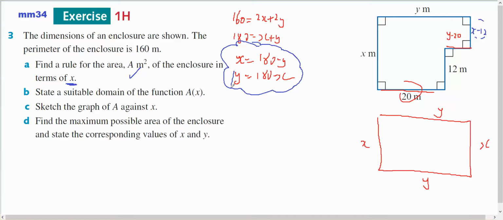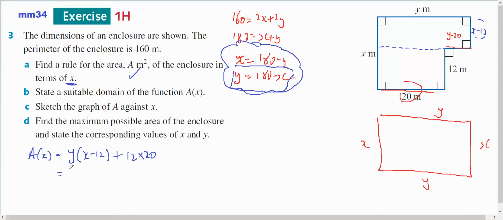So find a rule for the area of the enclosure in terms of x. I'm going to replace y with this, and then I'll have it in terms of x. So my area is going to be, depending on where you put your lines, I'm going to put one there. I'm going to have y times x minus 12 plus 12 times 20.